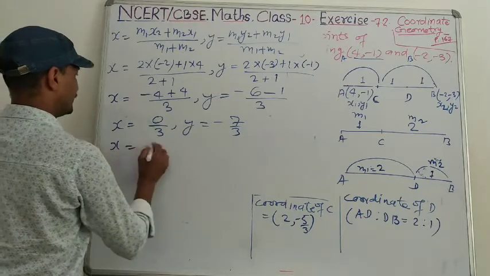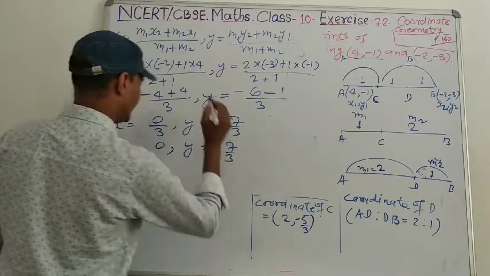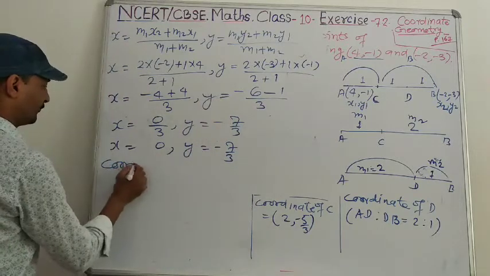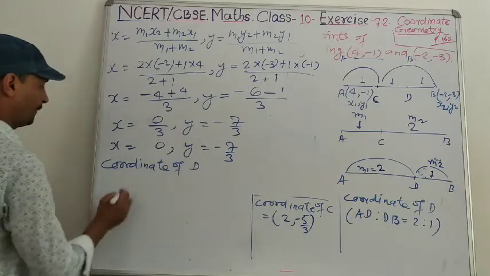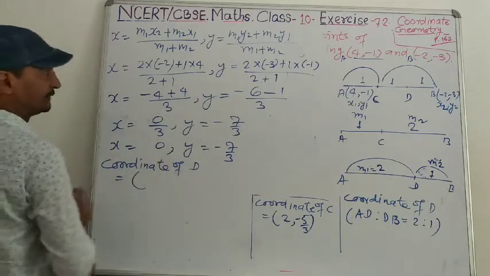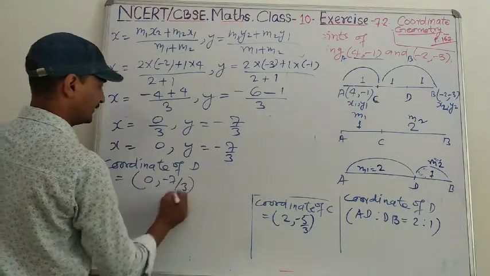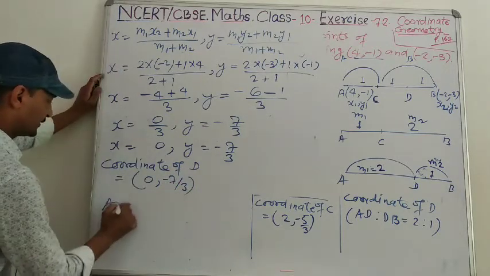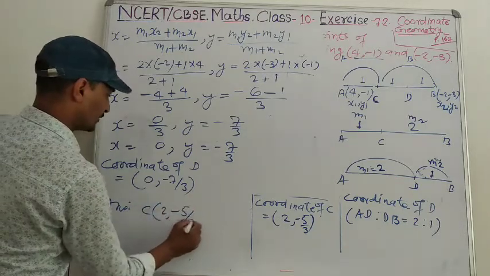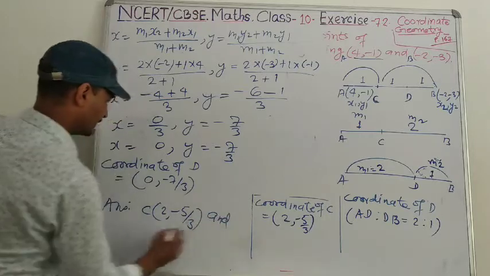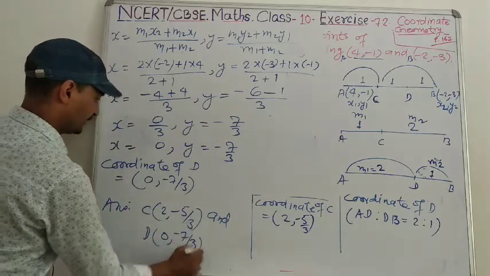So the coordinate of D: x is 0, y is minus 7 by 3. So our final answer is the coordinate of C obtained as (2, -5/3) and D becomes (0, -7/3). So that is the answer.